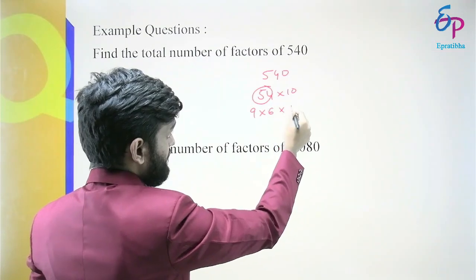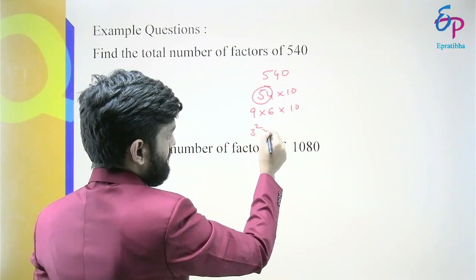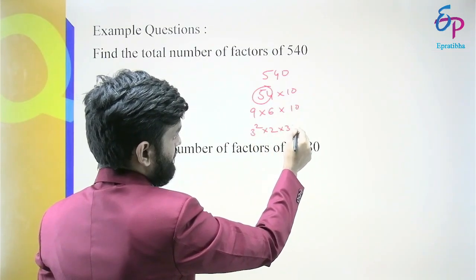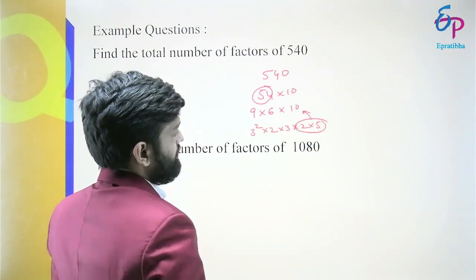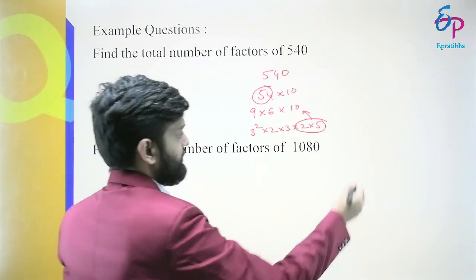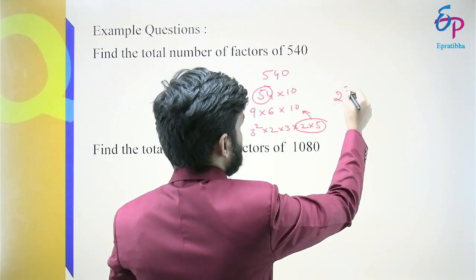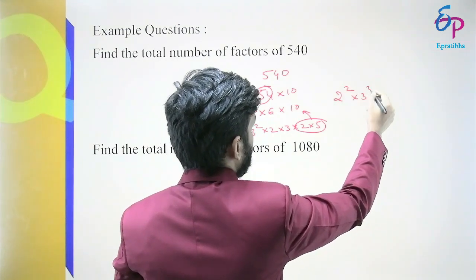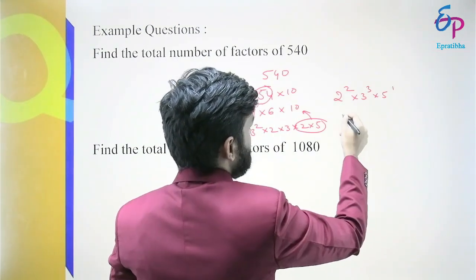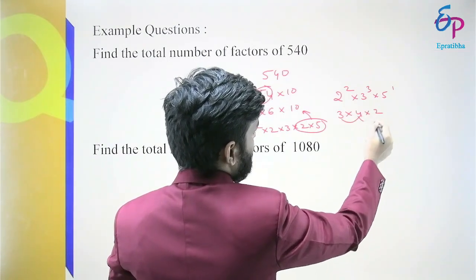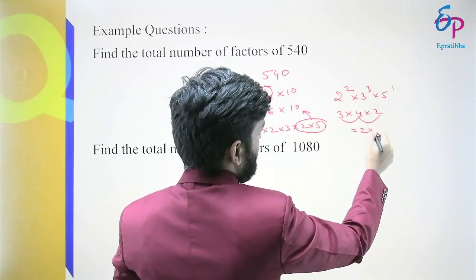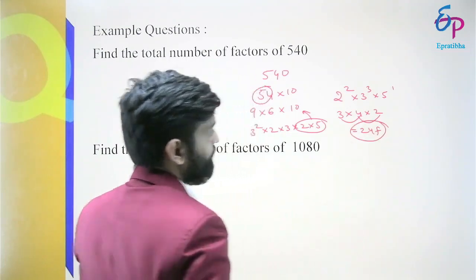So 9 into 6 into 10, and this is 3 square into 2 into 3 into 2 into 5. 10 can be written as 2 into 5, right? So let's count the number of 2's, 3's and 5's. 2 square, 3 cube and 5 power 1. That means it is 3 into 4 into 2. Again it is 12, 12 twos are 24. There are 24 factors for 540.